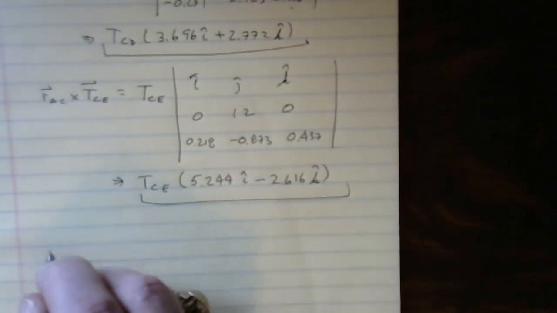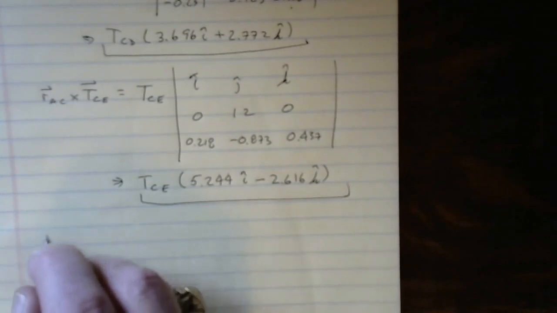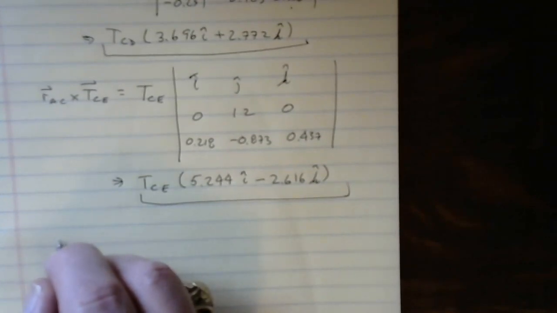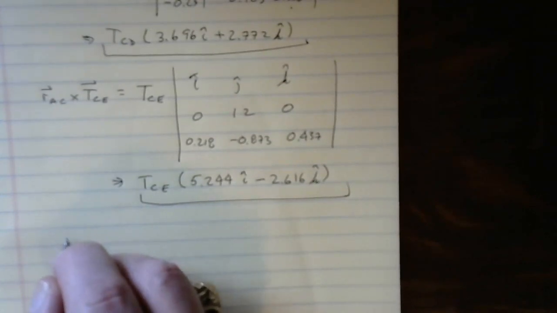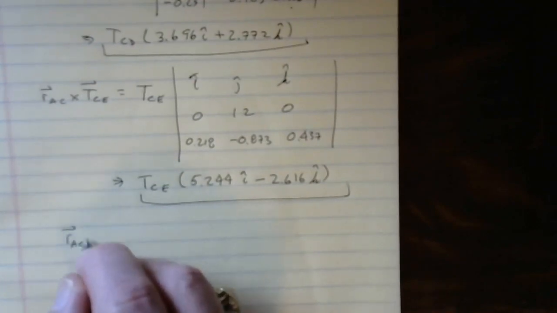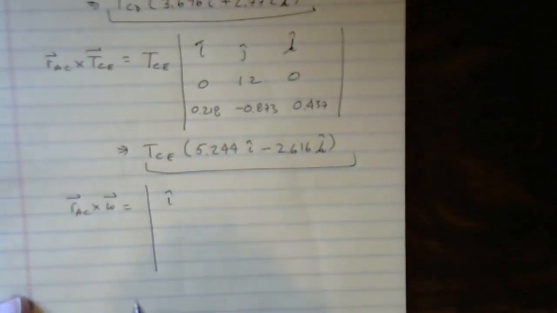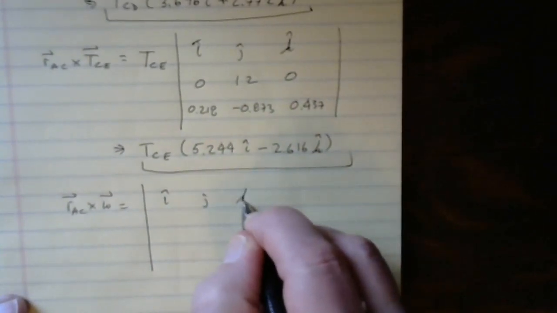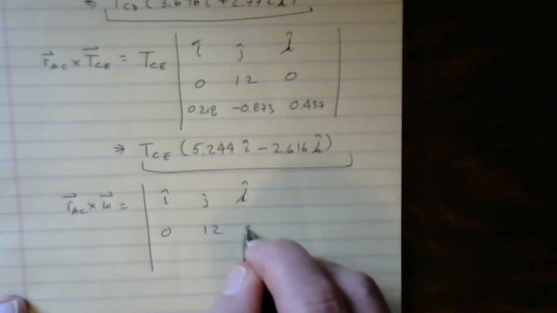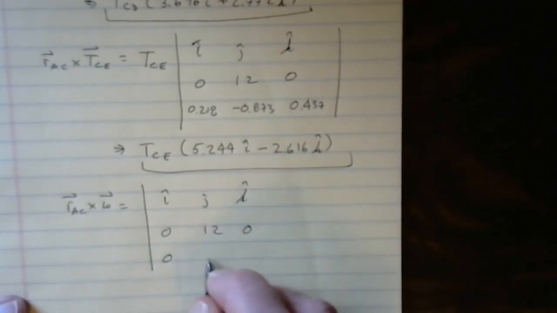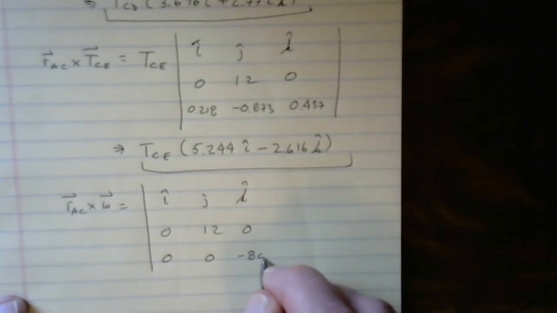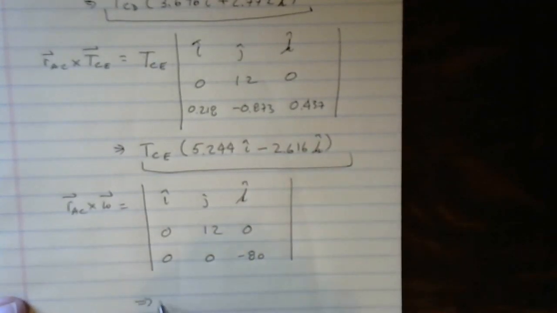The last one is the moment about A due to that 80-pound crate. All right. So RAC cross W, IJK, 0, 12, 0, and 0, 0, minus 80. And this is equal then to 960 minus 960I.